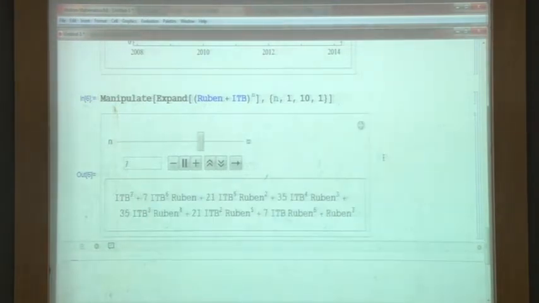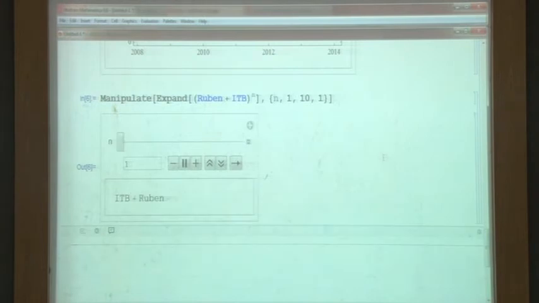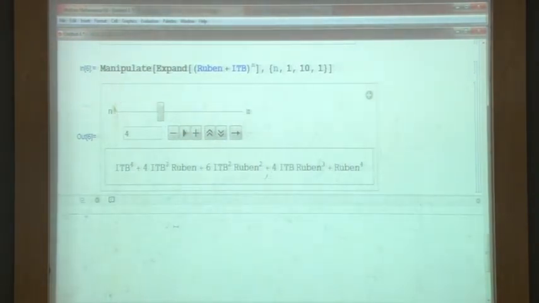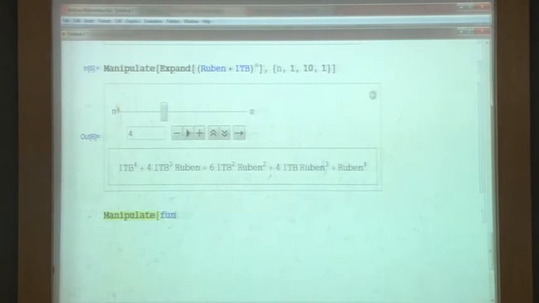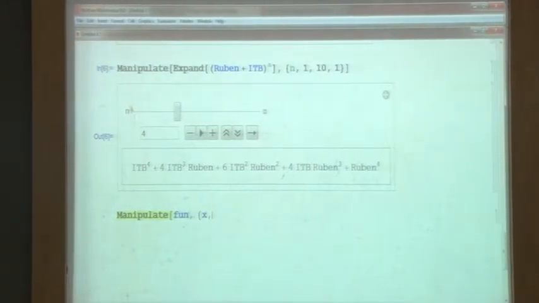So it depends, right? For the trigonometric function, we just need to put Manipulate, Manipulate fun, and then x between whatever we want, minus pi to pi. But then we remember that we need Plot.